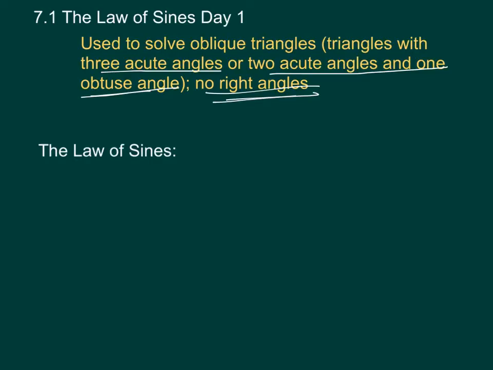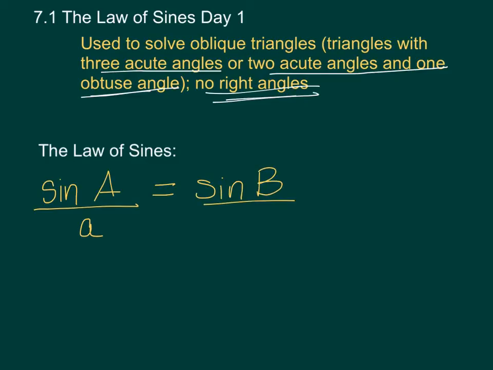So basically, the law of sines is a ratio between the angles, you have to use sine of the angle, and the opposite side. And you can use any of these ratios to help you find the missing side or the missing angle.